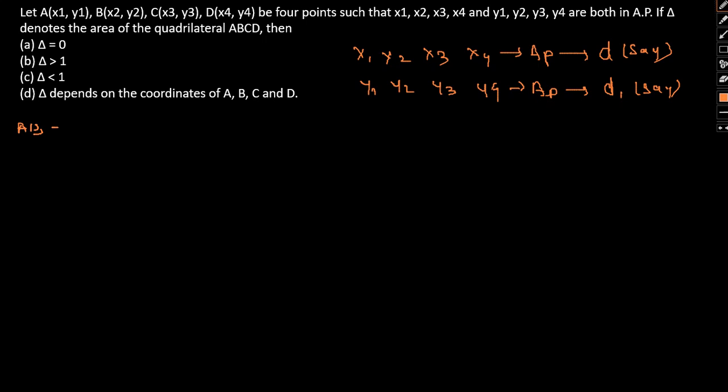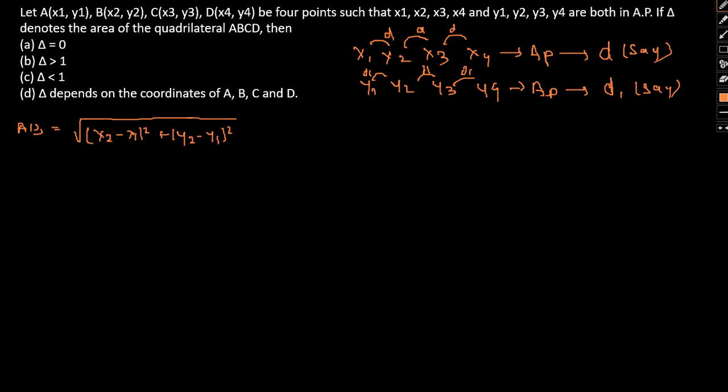AB can be written as the square root of (x2 minus x1) whole square plus (y2 minus y1) whole square. So x2 minus x1 will simply be D, and subsequently all the differences will be D. Here also D1, D1 and D1.